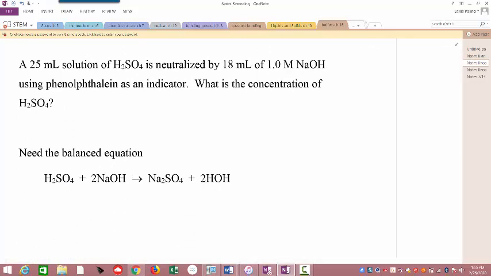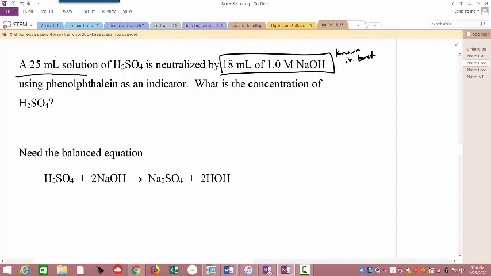So how would we do one of these calculations? So this is our known in the burette, and then this is our unknown. Okay?